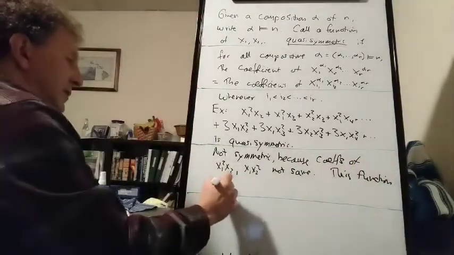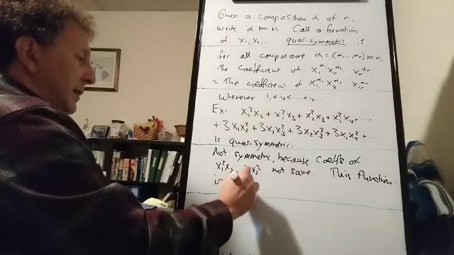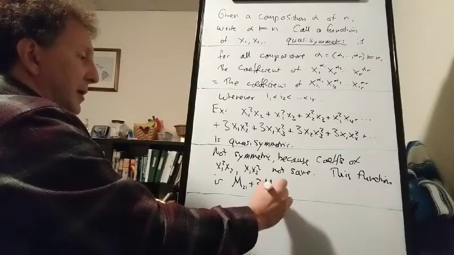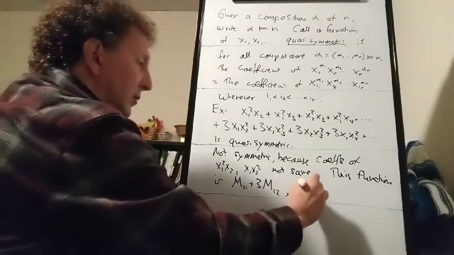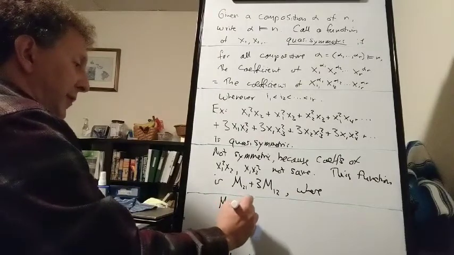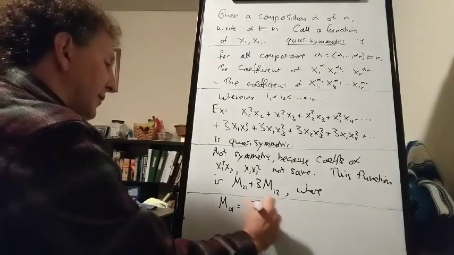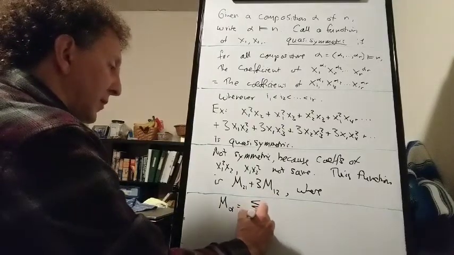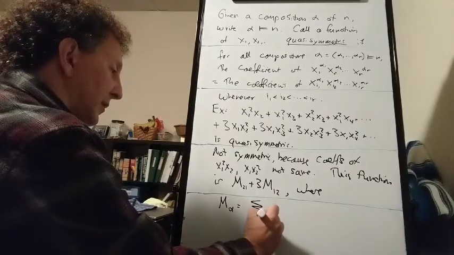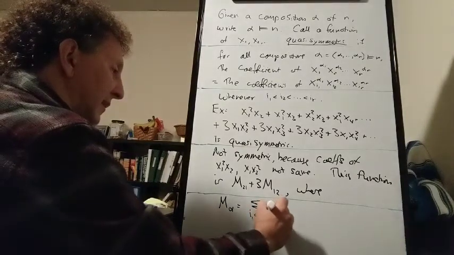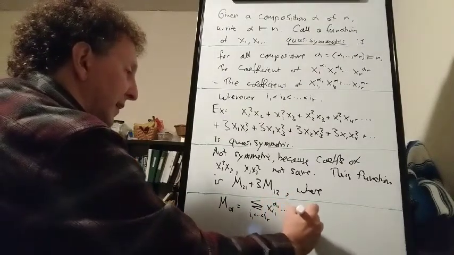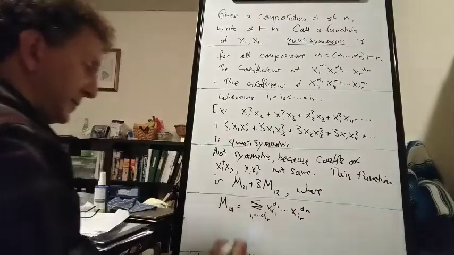Now this function is usually written capital M 2 1 plus 3 capital M 1 2, where capital M alpha equals the sum over all sequences of increasing indices xi1 to the alpha 1 dot dot dot xir to the alpha r.